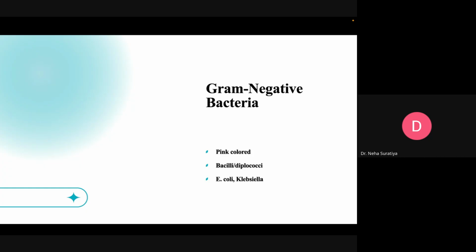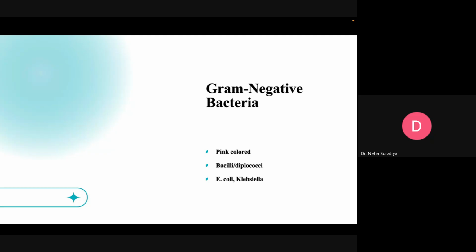Gram negative also develops resistance quickly compared to gram positive. That is also one of the factors to understand. This is a small comparison to understand which infection is more dangerous to treat. So if it is gram negative, you need a little extra caution. Gram negative sepsis is more severe compared to gram positive conditions.